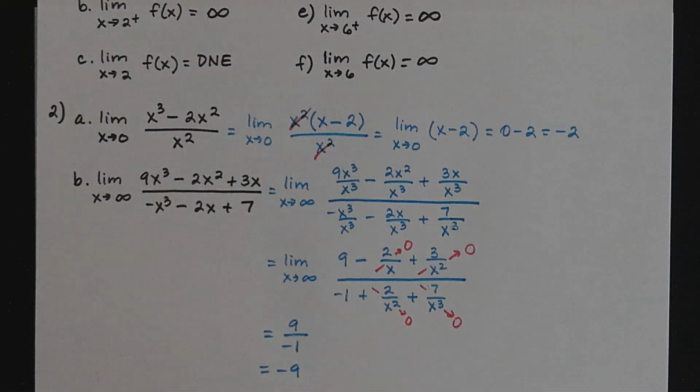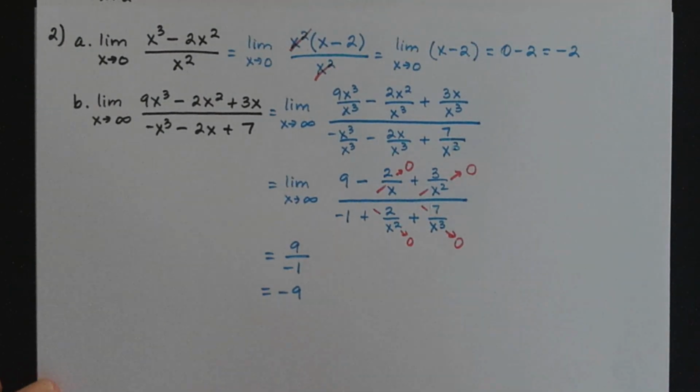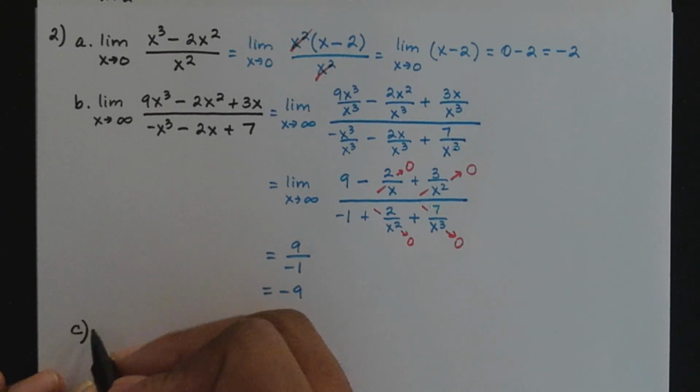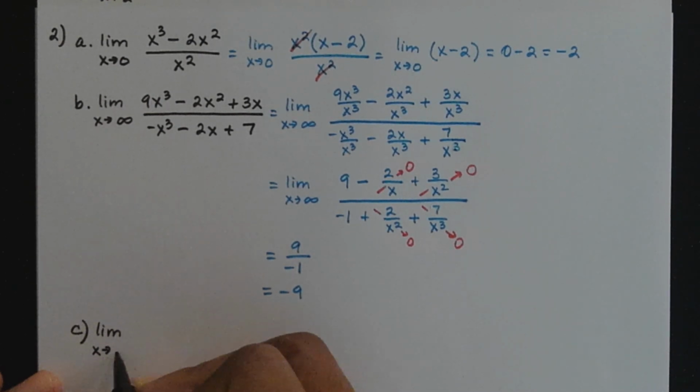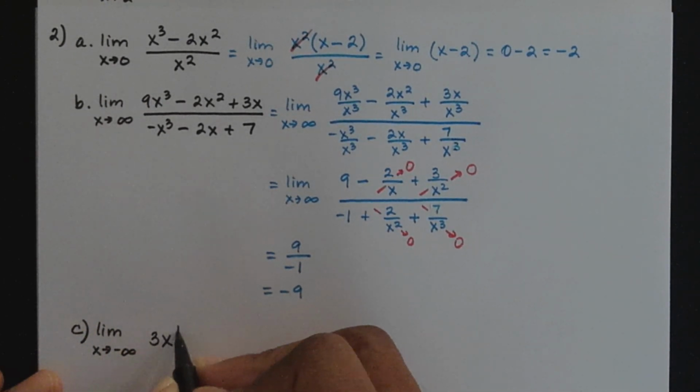Okay. Are there any questions about problem number 2, A or B? Okay, on to part C. Now this one, we got the limit as x approaches negative infinity of 3x to the 17th power.